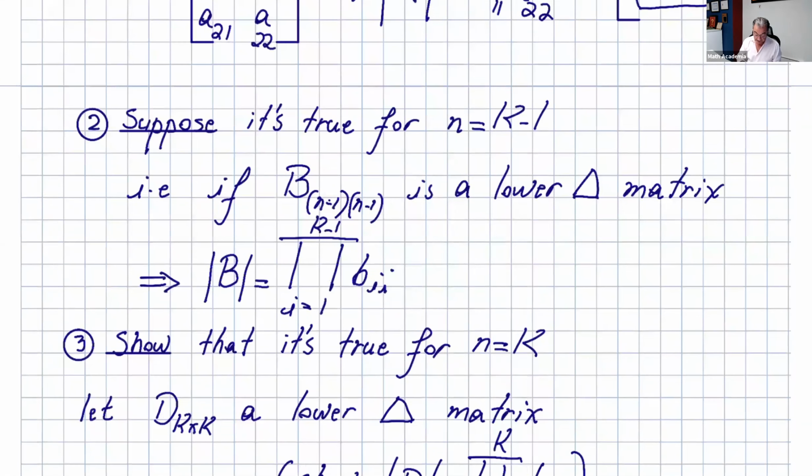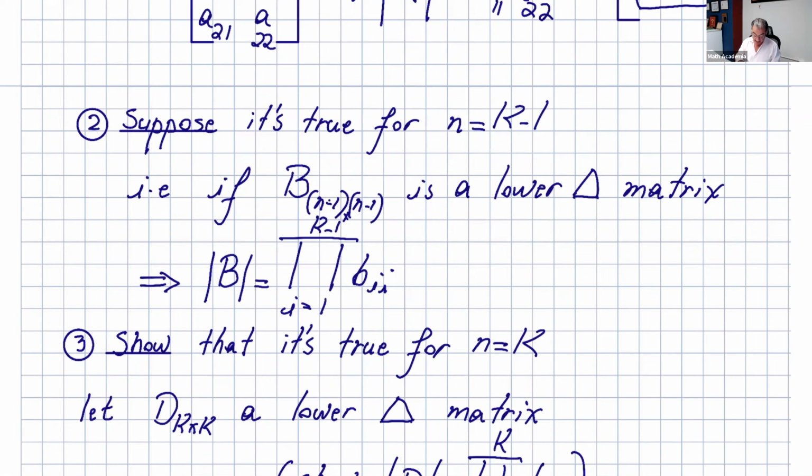Step number 2, suppose it's true for n equals k minus 1. So what do I mean by that? I mean, B is an n minus 1 by n minus 1 matrix, and it's a lower triangular matrix.